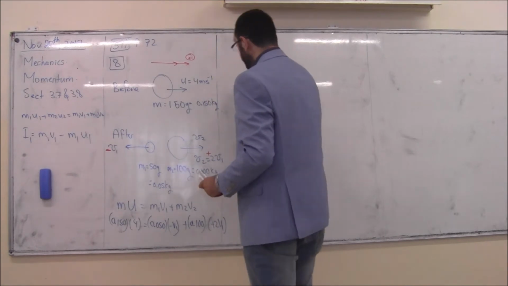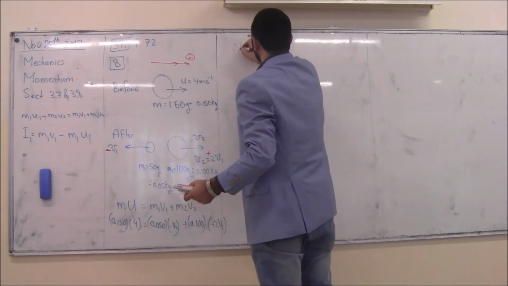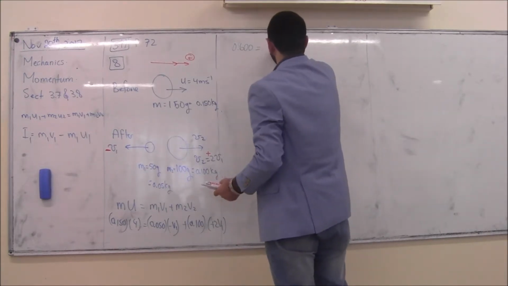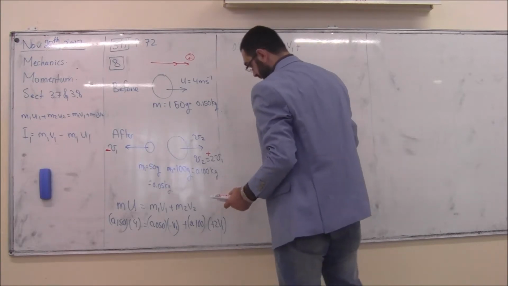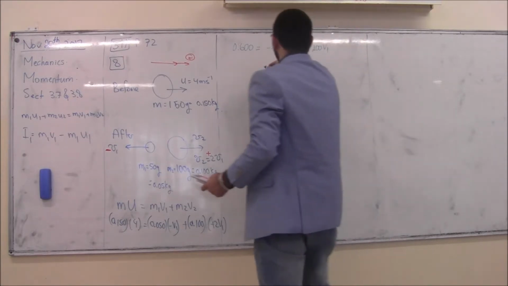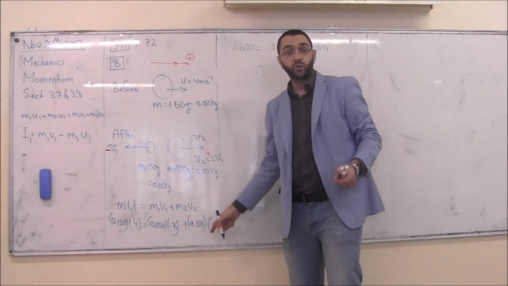Now we have only one variable, which is V1. This becomes 0.6 equals minus 0.05 V1 plus 0.200 V1. Any question about the substitution here, 2V1? No. Sure?